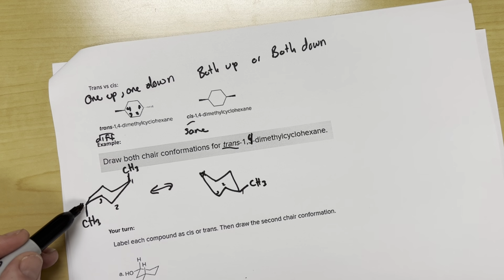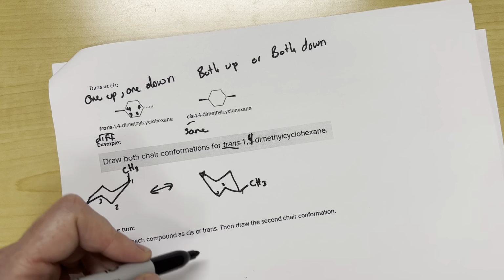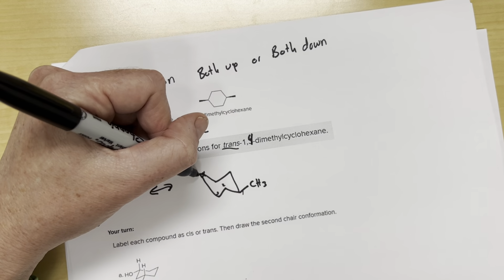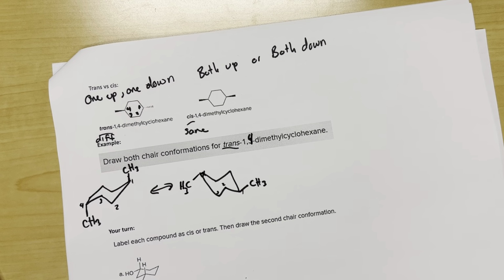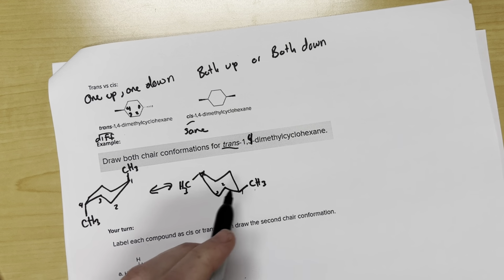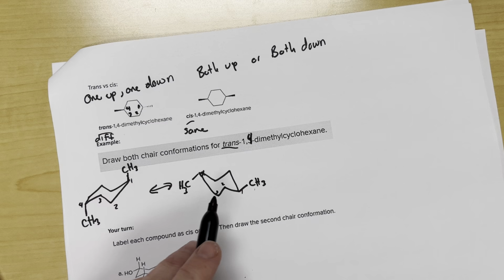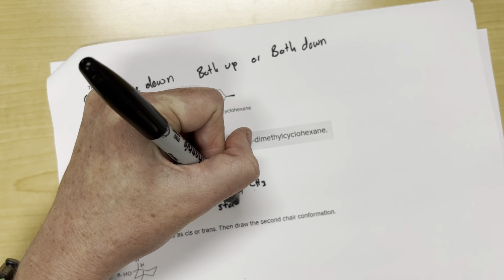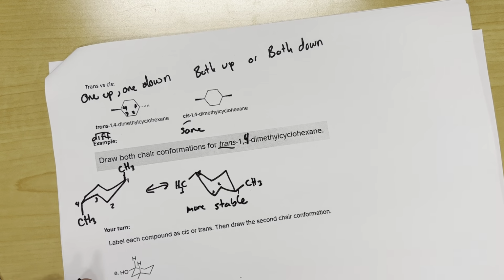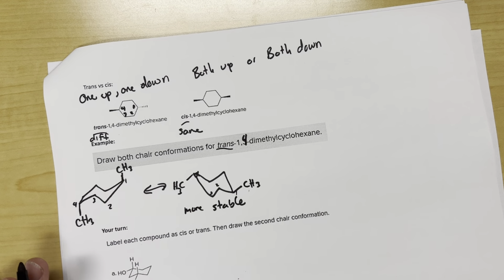And this one, number 4 over here, it was down, so it still has to stay down, but we're going to draw it down and to the side in its equatorial position. All right. If we had to decide which one of these is more stable, remember the equatorial is more stable. Because I guarantee you I'll ask something like that on the exam.